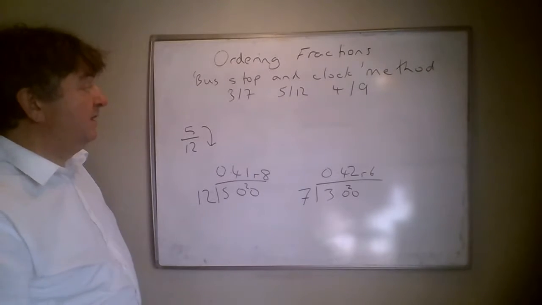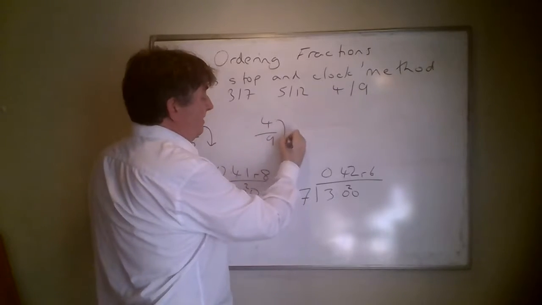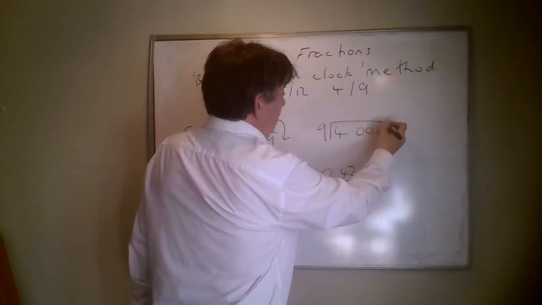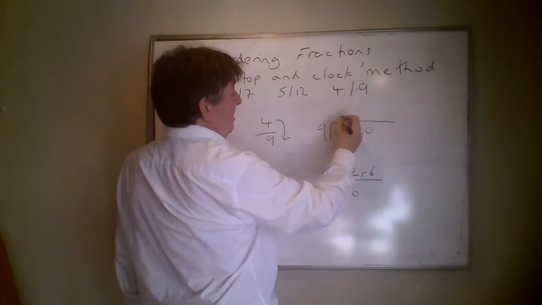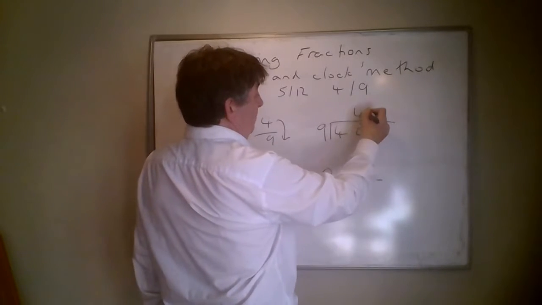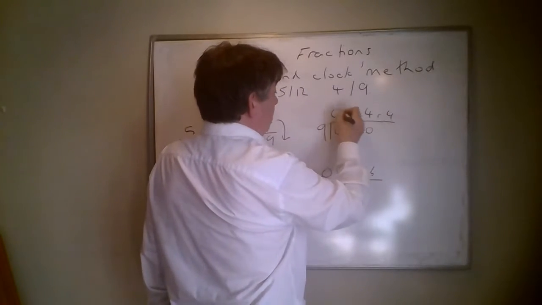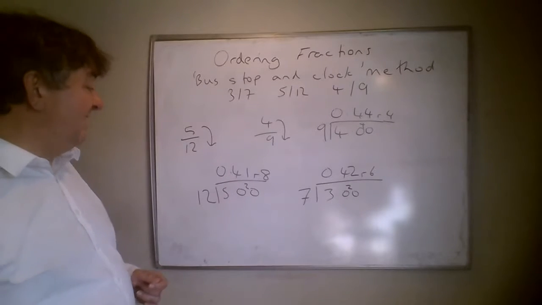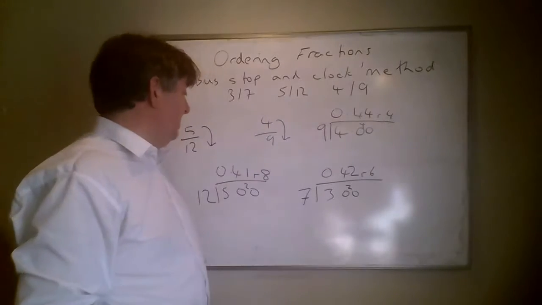And the last one, which we've got, is 4/9. Again, the 4 goes inside, and what we have here, 9s into 40 goes 4, remainder 4, 9s into 40 goes 4, again, remainder 4. So when we look at those, we've got 0.41 remainder 8, 0.42 remainder 6, 0.44 remainder 4.